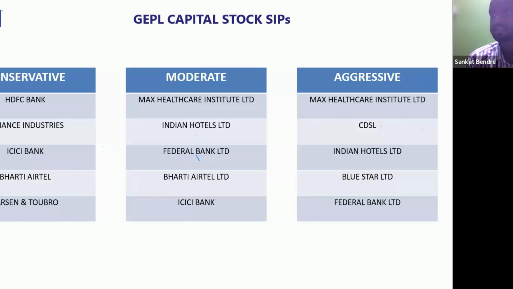These are for investors looking for longer-run wealth creation, who cannot take risk and avoid companies that are too volatile and might impact their portfolio. For such investors, we are recommending the conservative portfolio. Stocks include HDFC Bank, Reliance Industries, ICICI Bank, Bharti Airtel, and Larsen & Toubro.